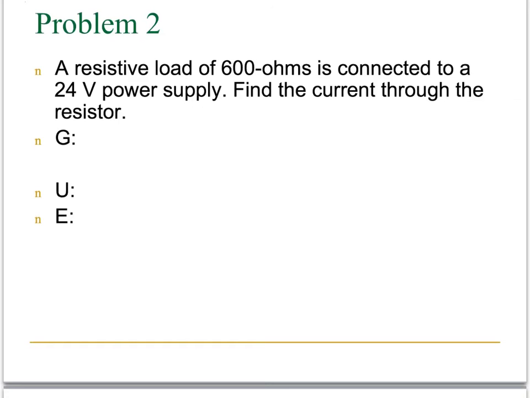Our next problem says a resistive load of 600 ohms is connected to a 24 volt power supply. Find the current through the resistor. Our given information, 600 ohms.